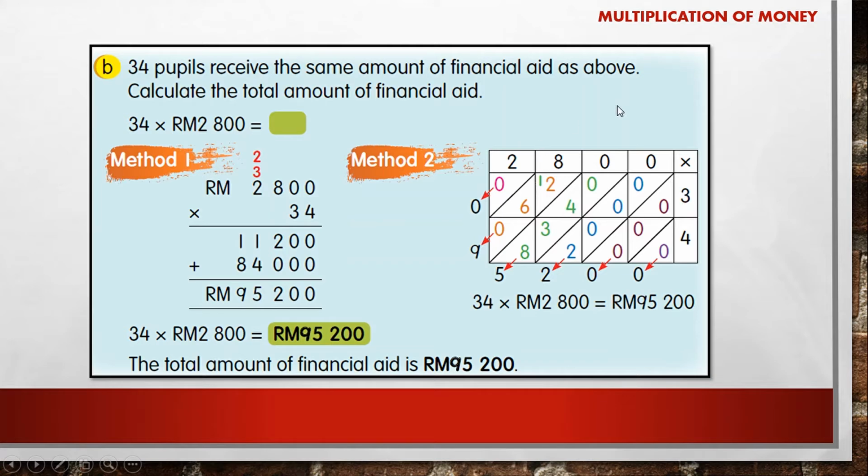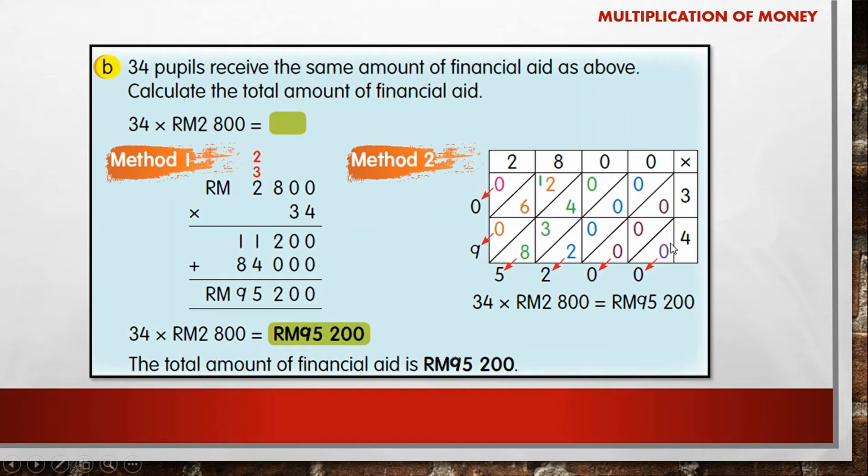And 2 multiplied by 3, you got 6. And the second row: 0 multiplied by 4, 0. 0 multiplied by 4, 0. 8 multiplied by 4, you got 32. And 2 multiplied by 4, you got 8.